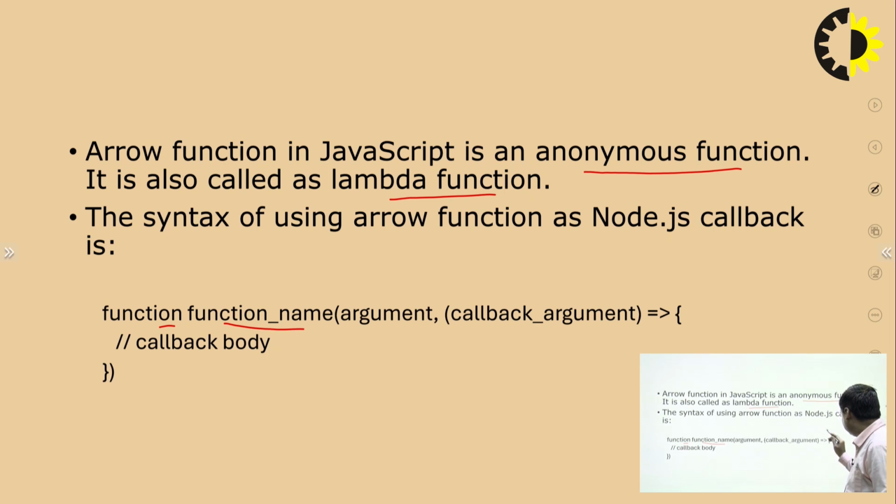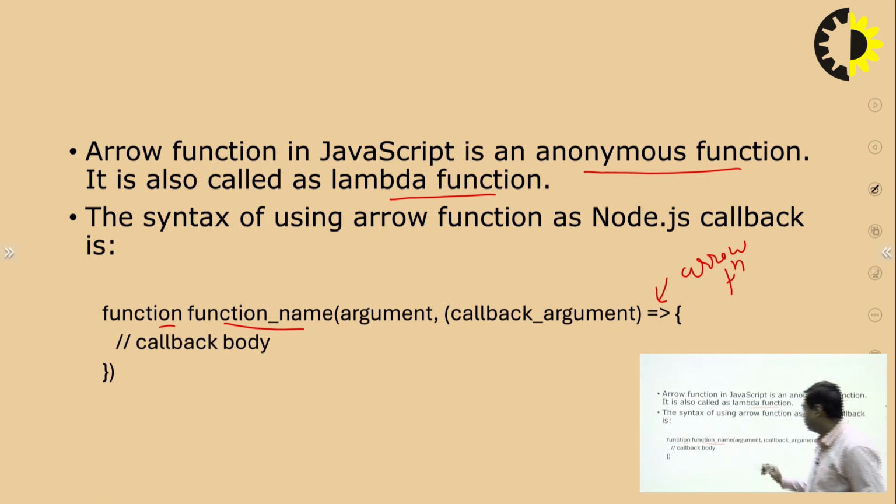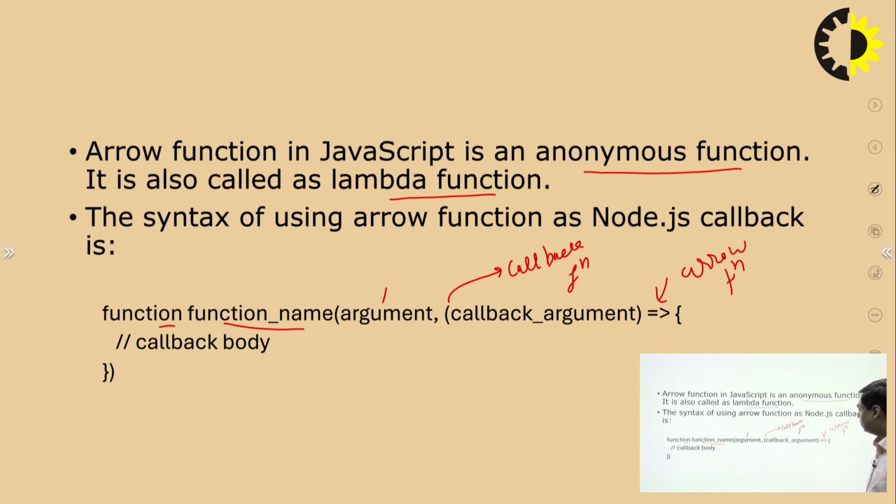Now it is an arrow function. Here we are passing the argument, and it is a callback function, but we are using the callback function as an arrow function.